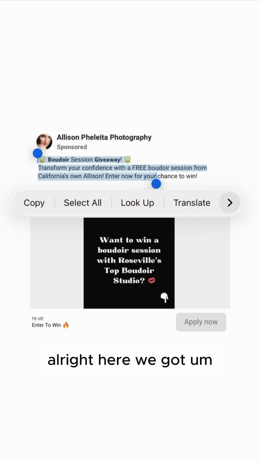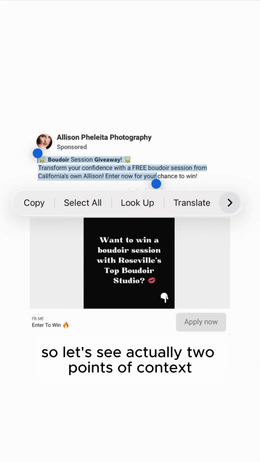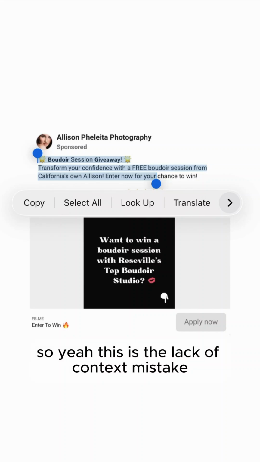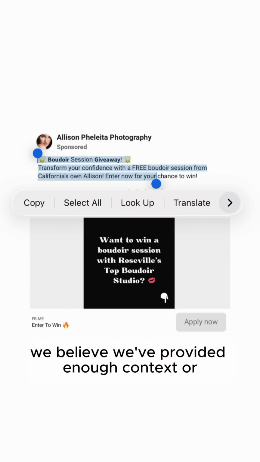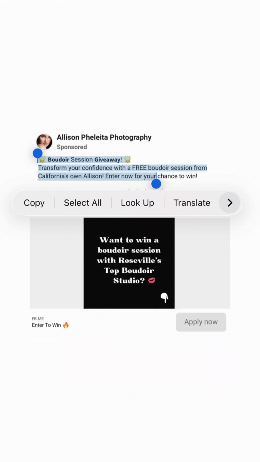All right, yeah, we only got 1 point of context here. So let's see. Actually, 2 points of context. So yeah, this is the lack of context mistake. The false belief that caused us to make this mistake is we believe we've provided enough context, or we don't feel we need to provide any more.